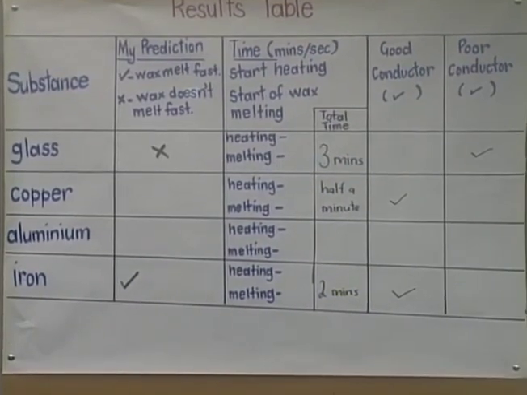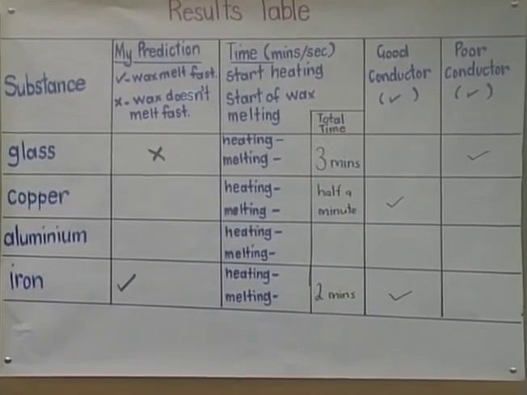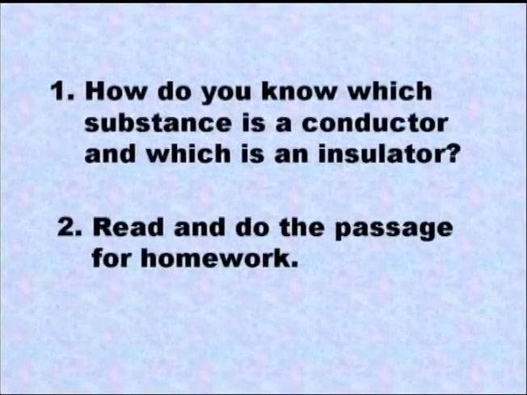Now, if I can have Fiona give us the answer to the question we have on the screen, what herself and her friends came up with. How do you know which substance is a conductor and which is an insulator? You've just done the experiment. How do you know?